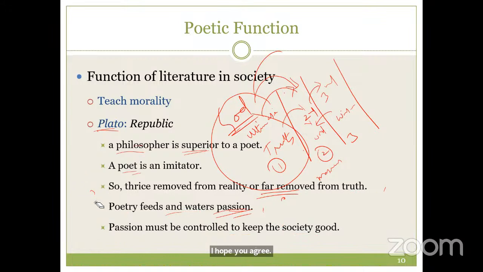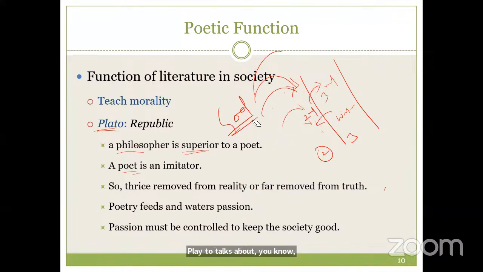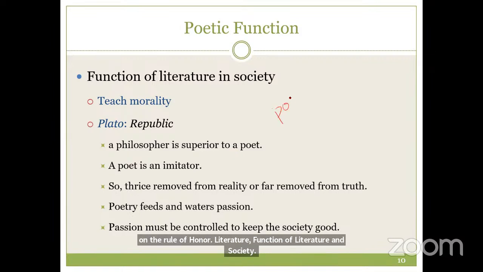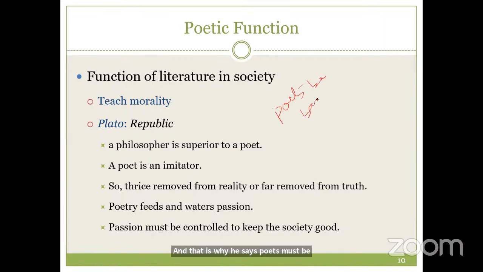Yes. So these are the five different points Plato talks about in his treatise, in his explanation on the role of literature, the function of literature in society. And that is why he says poets must be banned.